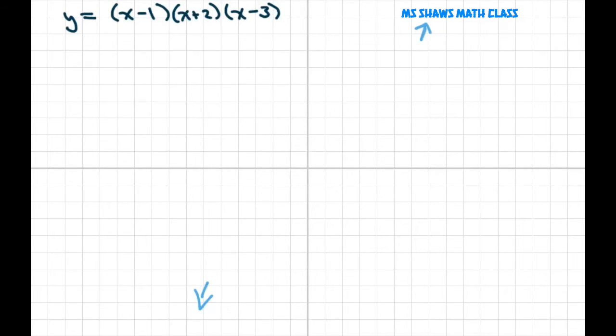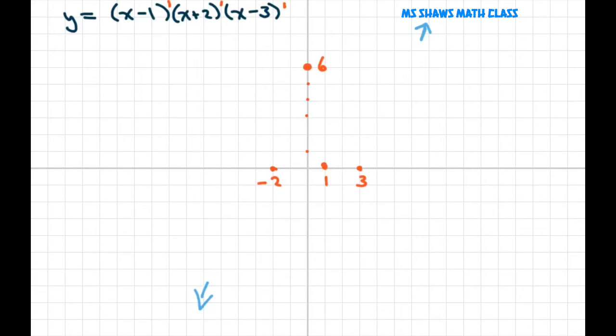Now let's plot our y-intercept, which was 6. So it's 1, 2, 3, 4, 5, 6. And our zeros were at 1 and 3 and negative 2. Our multiplicity here was 1, which means we can cross the x-axis.